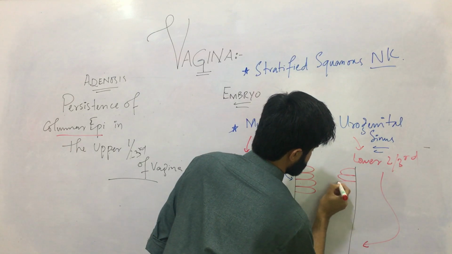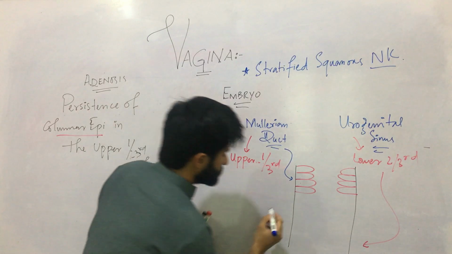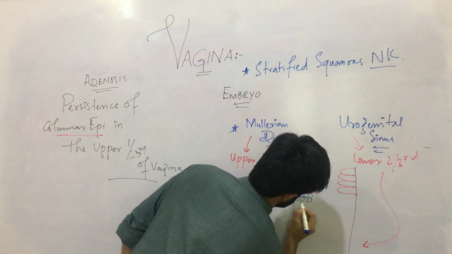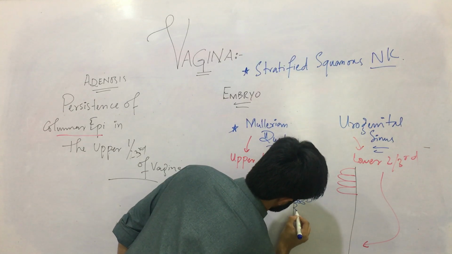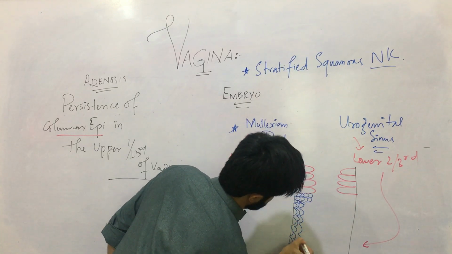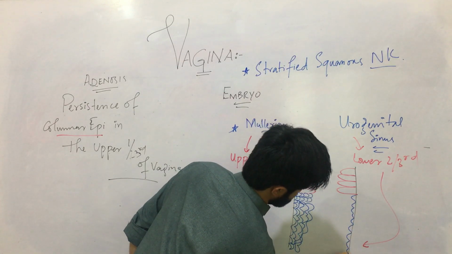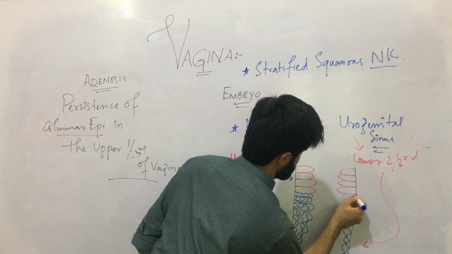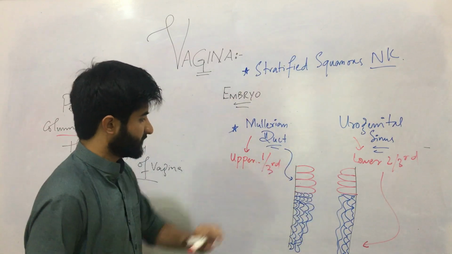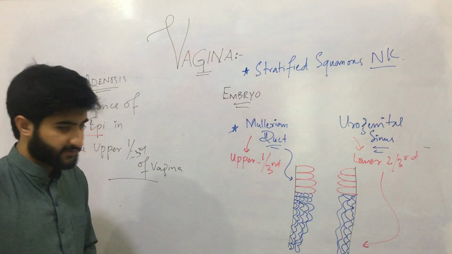Upper 1/3 is lined by columnar epithelium, and the lower 2/3 is lined by stratified squamous epithelium during the development.